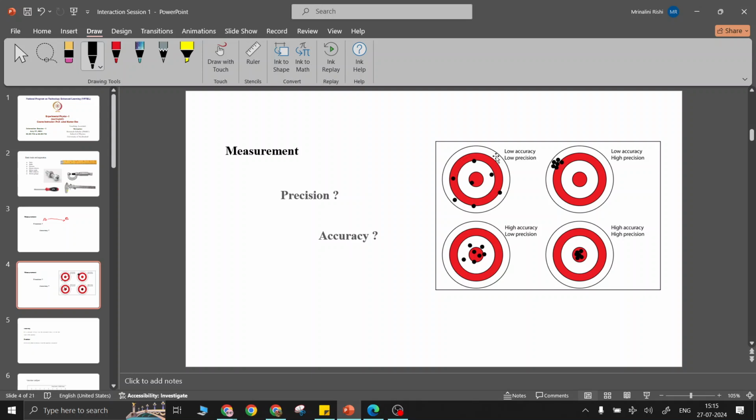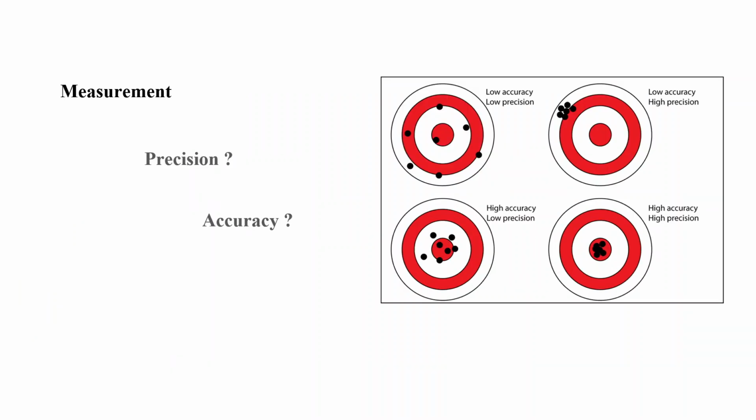Imagine we are playing a game where we need to hit the center of this target using a toy gun. Think that these black dots are the attempts you have made many times to shoot the center of this target, and these are the places where your toy bullet landed. So we know the center of this. Let me zoom in.